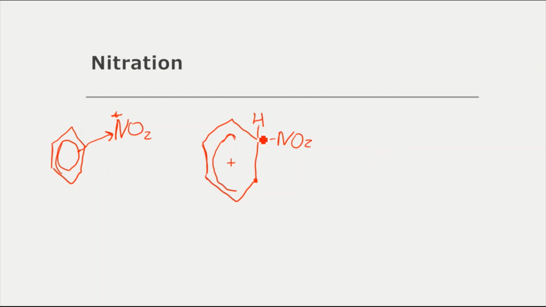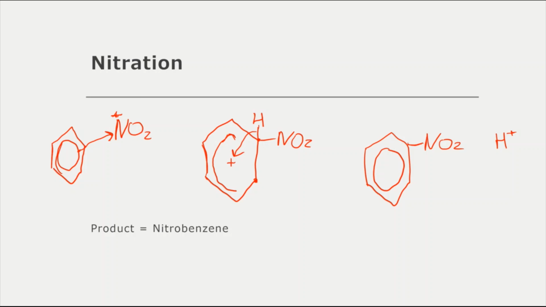Finally, for the bond between the C and the H, we just show a curly arrow from there into that plus, because we'll be breaking that bond, and the electrons from that bond will become the delocalized electrons inside that ring. So finally, when I draw this now, I will have a full ring, a bond to NO2, and I will also have that H+ there now. So you can be asked what the product is.